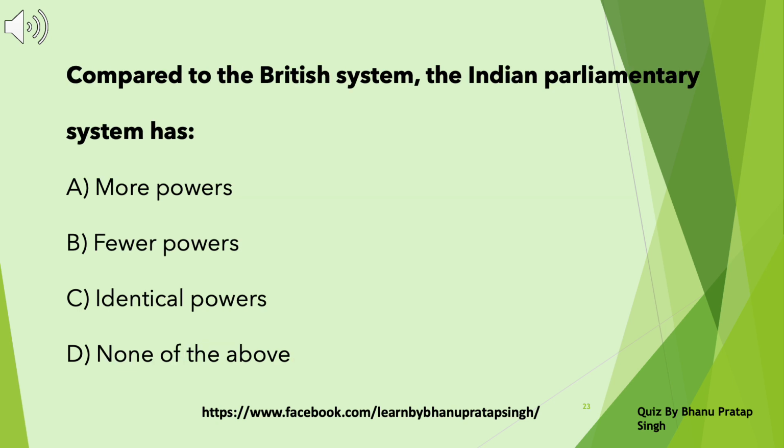Compared to the British system, the Indian parliamentary system has A. More powers. B. Fewer powers. C. Identical powers. D. None of the above. Choose the correct answer. Answer B. Fewer powers.